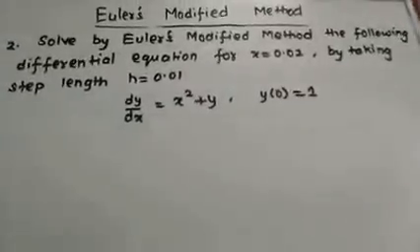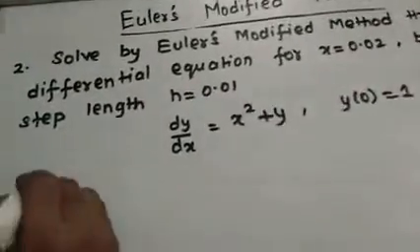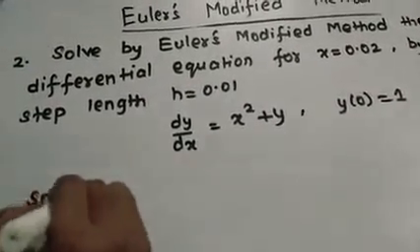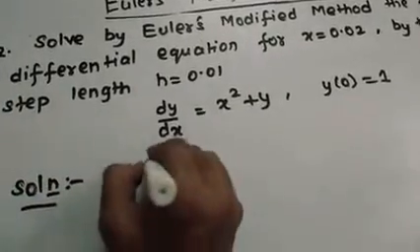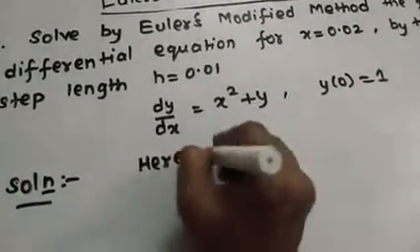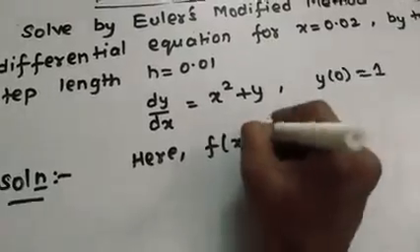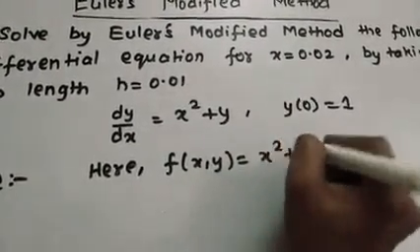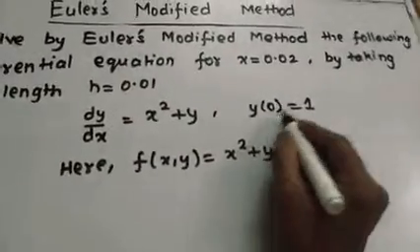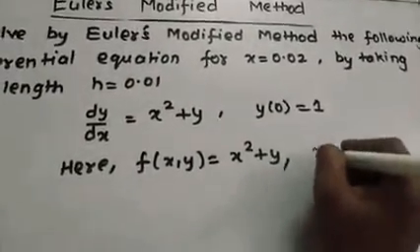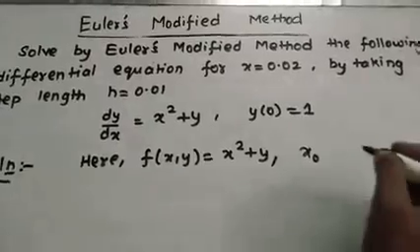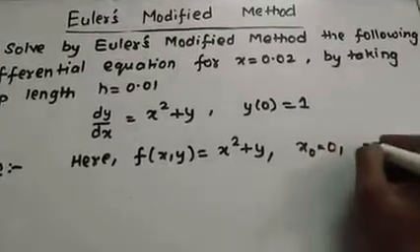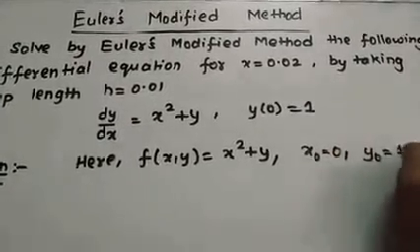Okay, so first of all, what are the things given to you? Let us write this. Solution. Here f of x comma y, the function on the right hand side, is x square plus y. Now y of 0 equals 1, that means x naught is given to you as 0 and y naught is given to you as 1.